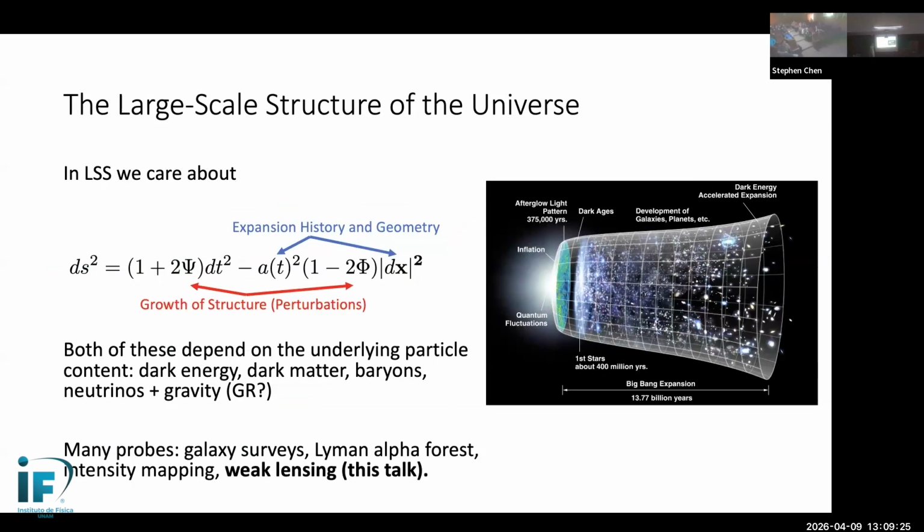And so in this talk, I'm really going to be talking specifically about cosmology via the large-scale structure of the universe. And so what do I mean by this? What I mean is we're really studying the distribution of matter and galaxies on very large scales.